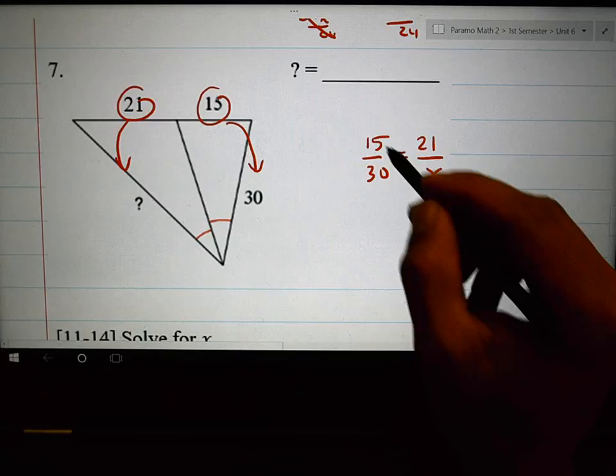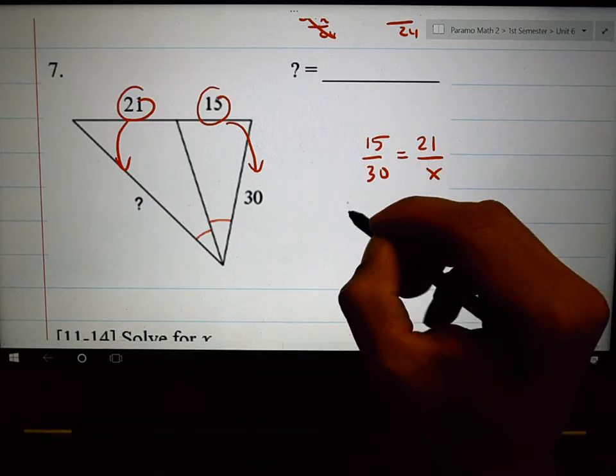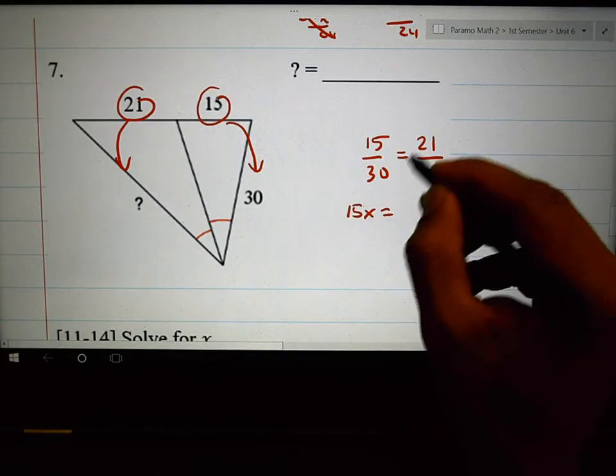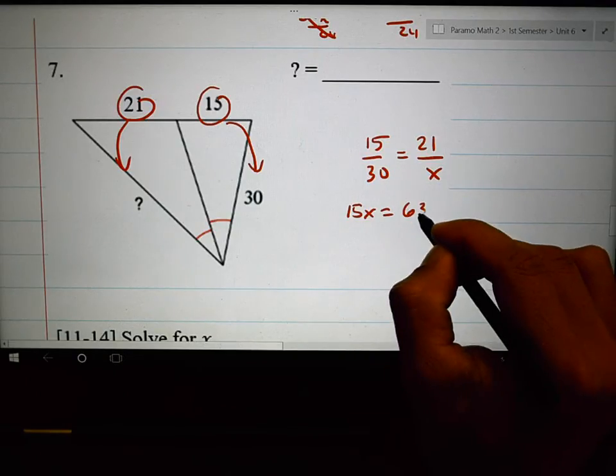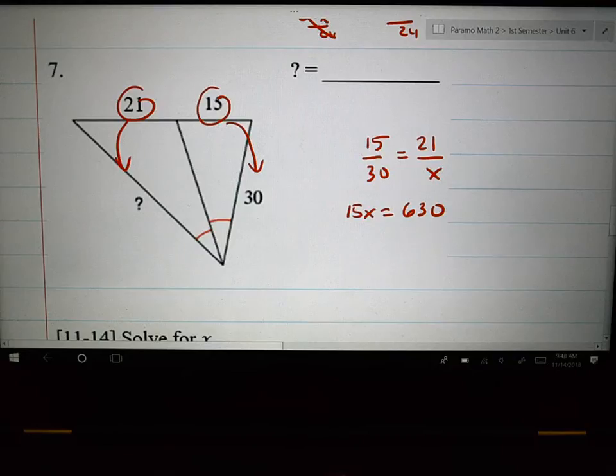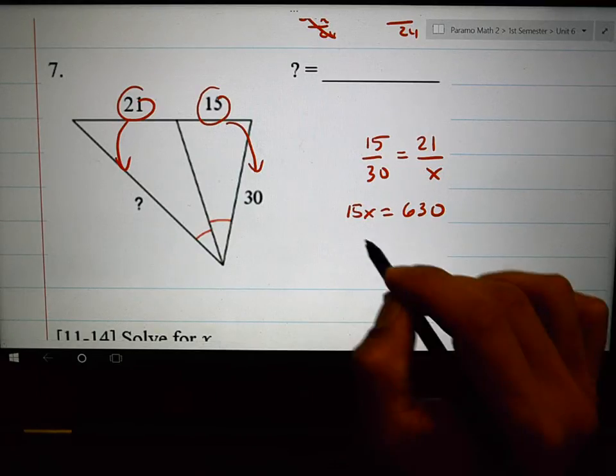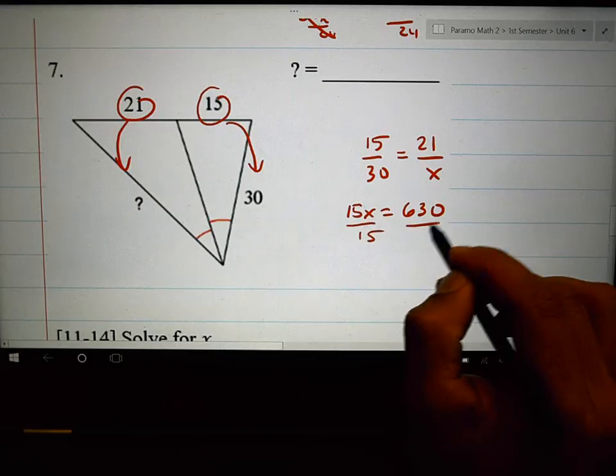After that, cross multiply like we've been doing. 15 times x equals 30 times 21. I don't know what that is. I'm going to use my calculator. And then I'm going to divide by 15.